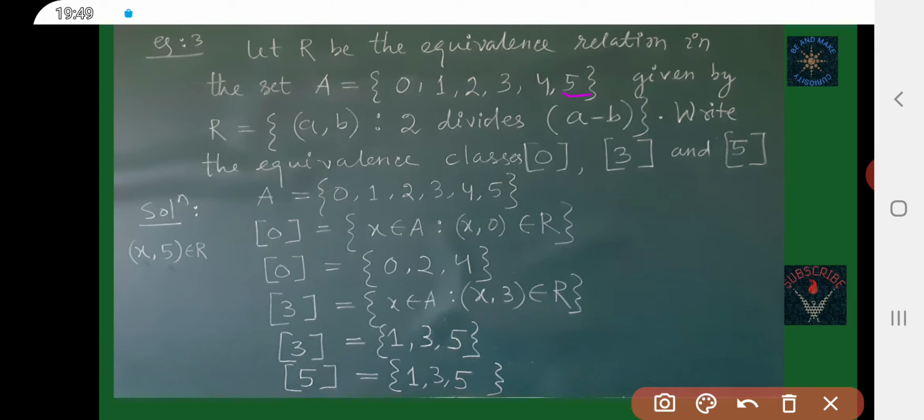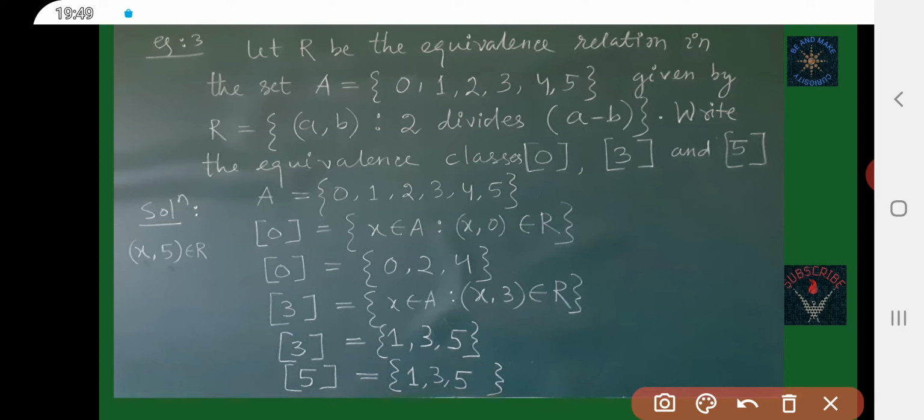Now you take (5, 3), which belongs to R, because 5 minus 3 equals 2, which is divisible by 2. So 3 is related to 5 or 5 is related to 3, so you can take 5 also. So the equivalence class of 3 contains the elements 1, 3, 5.